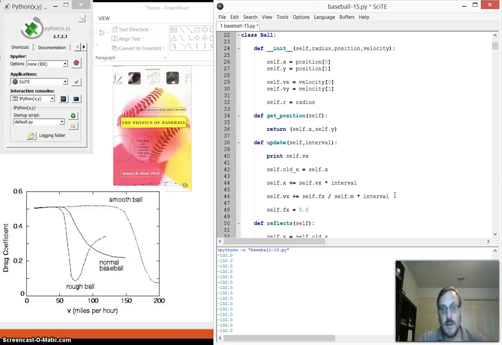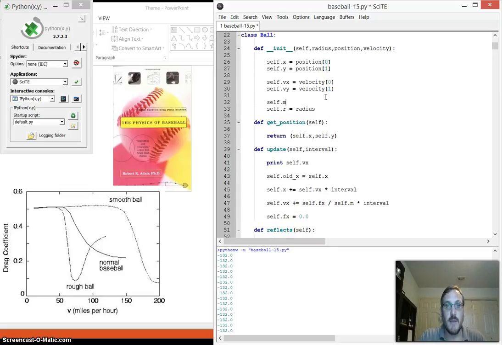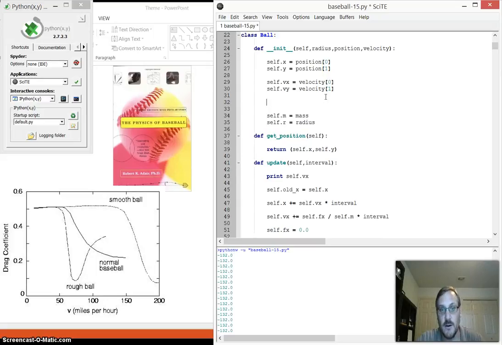Okay, so now you see we've got two new things that the ball has to keep track of. So it has two more properties that have to keep changing. One is going to be the mass, which is something that's not, well, it's not going to change, but it's something that has to be kept track of in here.